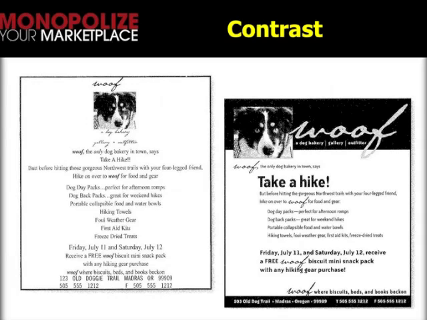Okay, gave you just a second to look at that. Clearly, we've got the reversed out header. It says woof. It makes it clear that woof is the header, not just some random word there. Same picture of the dog. Take a hike, but before hitting the gorgeous Northwest trails with your four-legged friend, hike on over to Woof for food and gear. Okay, a dog bakery, gallery, and outfitter.